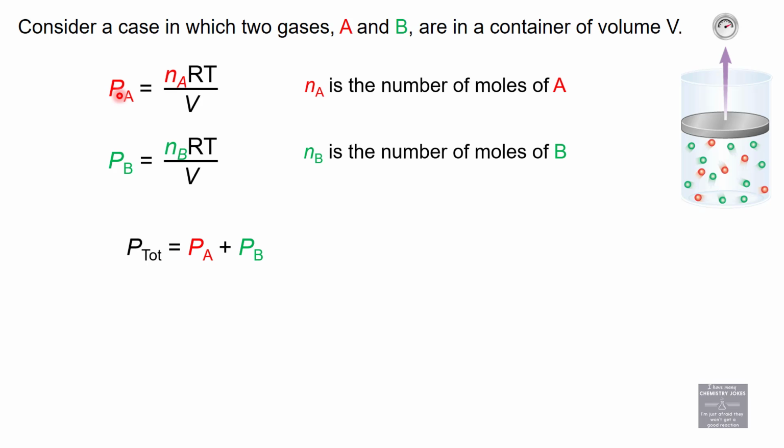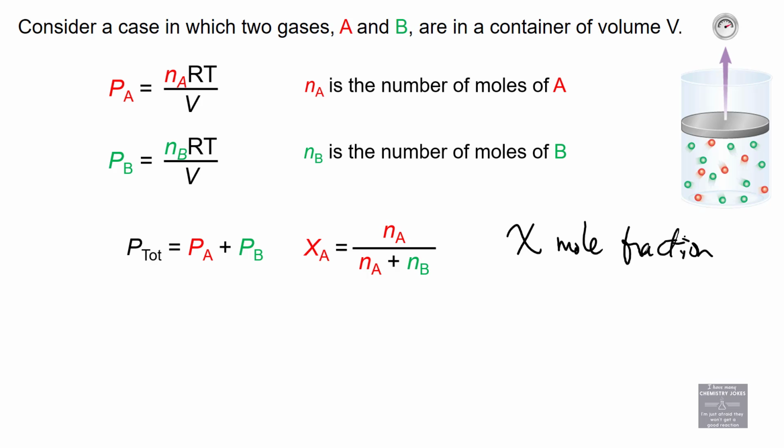So P total is the sum of the partial pressures. Yep, we've already said that. This is something new. This says the mole fraction, it's a Greek letter chi. It's not just a regular old X, it's a Greek letter chi. The mole fraction is the part over whole.